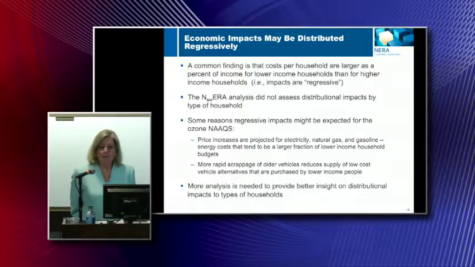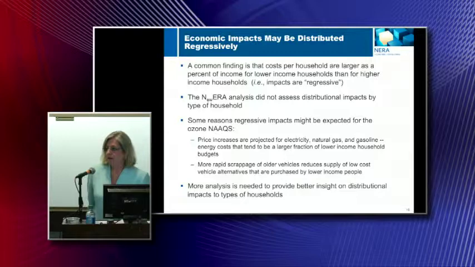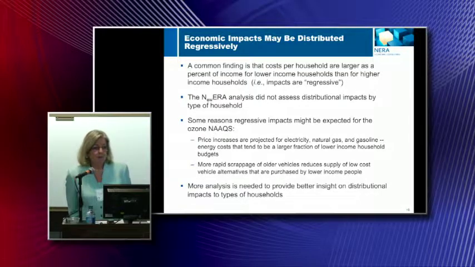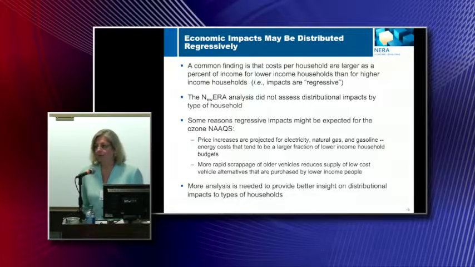Another thing you might think of is that we have a fair amount of scrappage of older vehicles in our cost estimates, at least for the states that face really strict, deep cuts. Some of those are vehicles, some are trucks, but to the extent these are vehicles, scrappage doesn't mean making them available to lower income households to buy more cheaply. They get taken off the road. Suddenly cars are more expensive across the board for everybody.